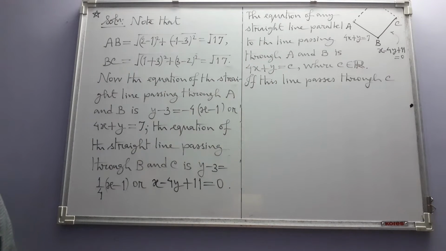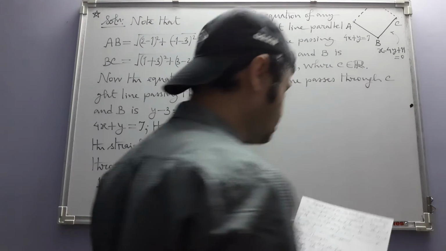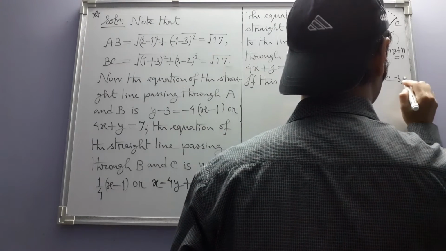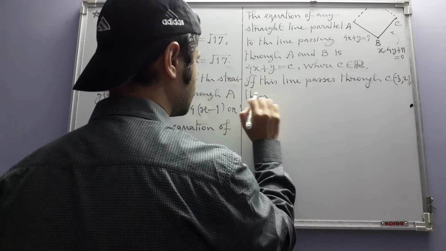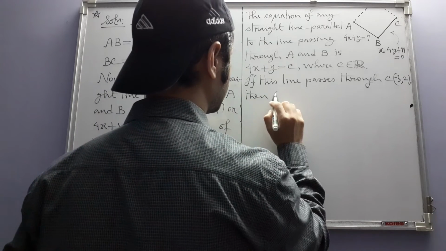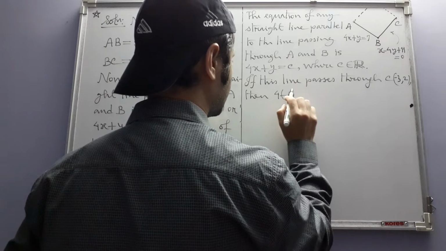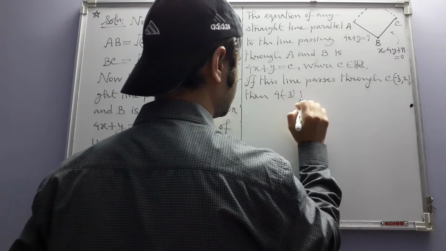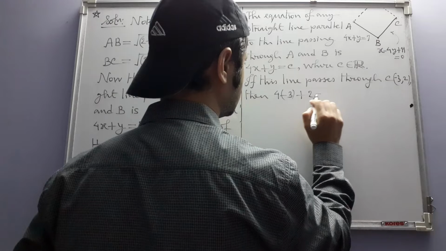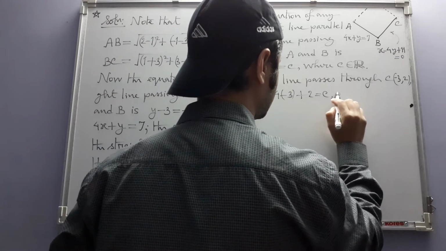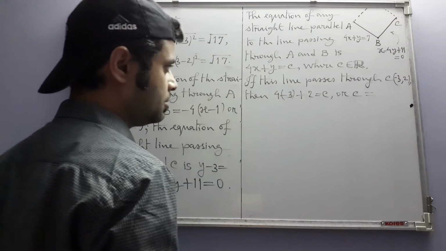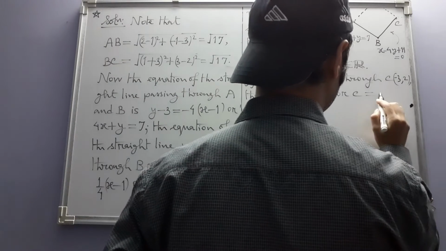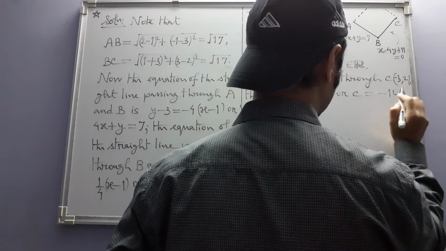What are the coordinates of C? Minus 3, 2. Then 4 times minus 3 plus 2 is equal to C, or C is equal to minus 12 plus 2, that means minus 10.